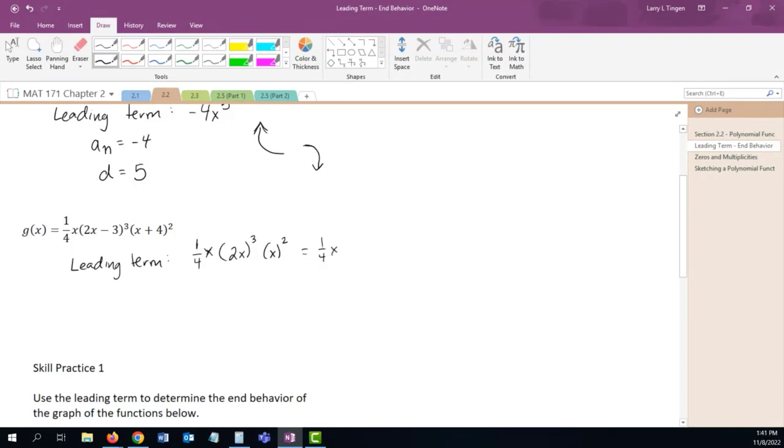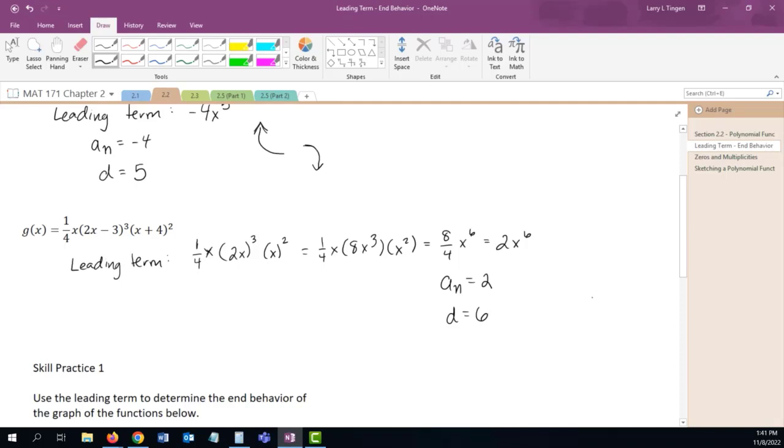That's 1/4 x. 2x raised to the third is 8x cubed. x squared is x squared. And now put them together. 1/4 times 8 is 8/4. x times x cubed times x squared is x to the 6th. 8 divided by 4 is 2. All right, so the leading coefficient is 2. The degree is 6.